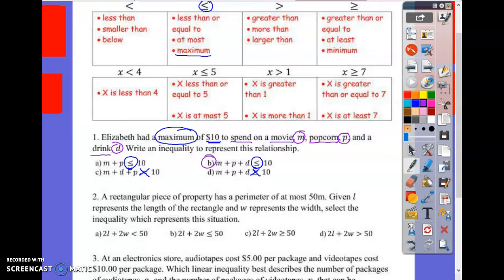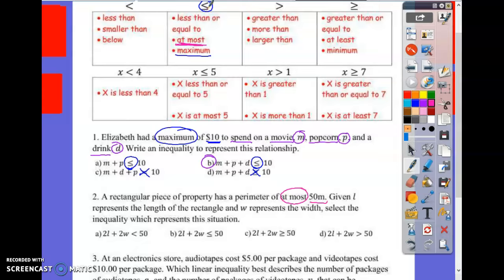Okay? Problem number 2. Do you see a keyword that just sticks out? Keywords are up here. Any of these keywords? I'll let you find it. At most. At most 50. That's the keyword that I see right here.